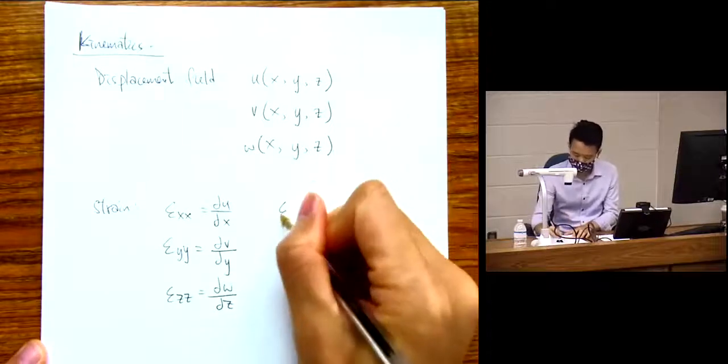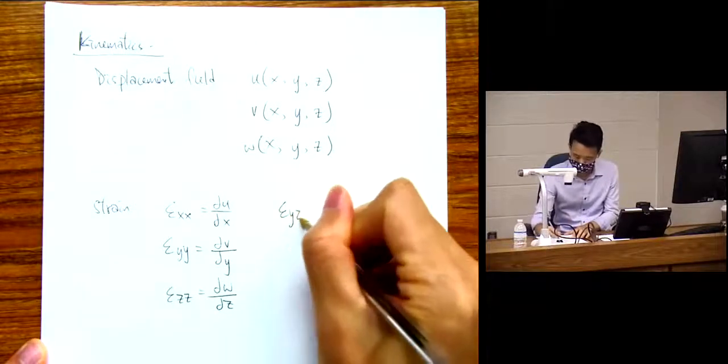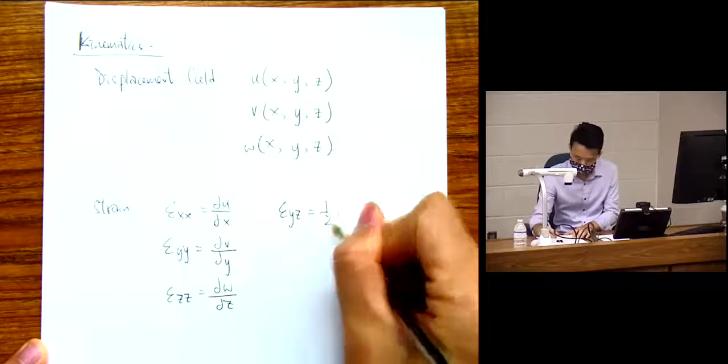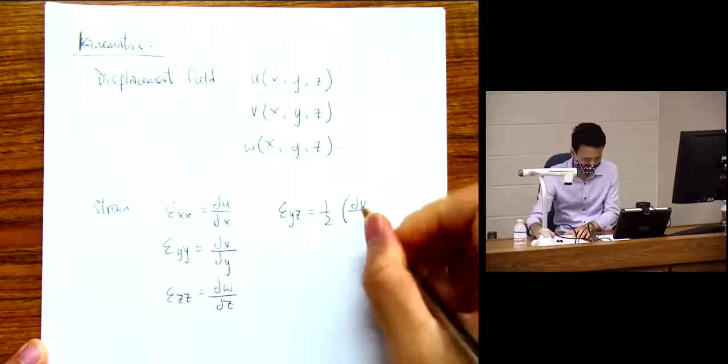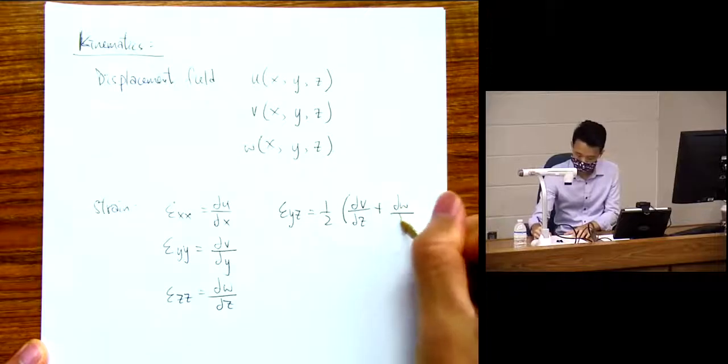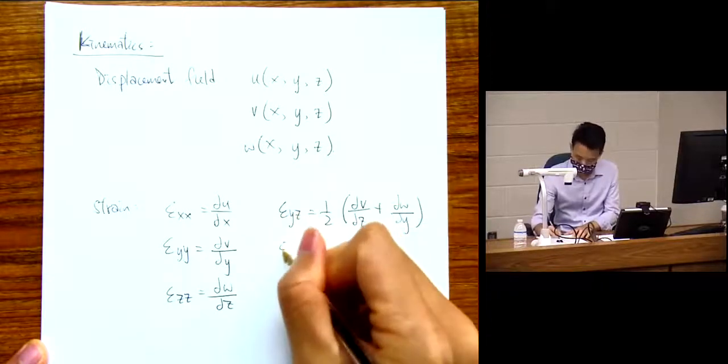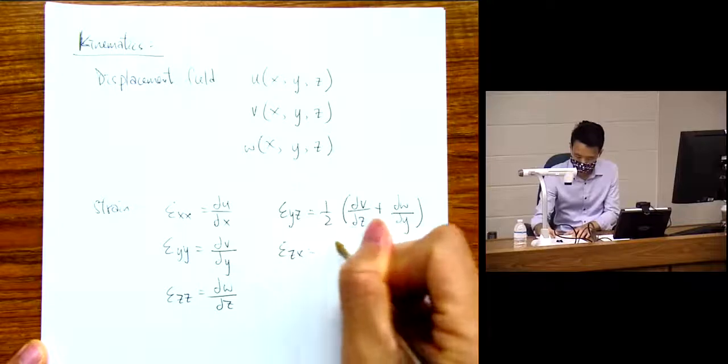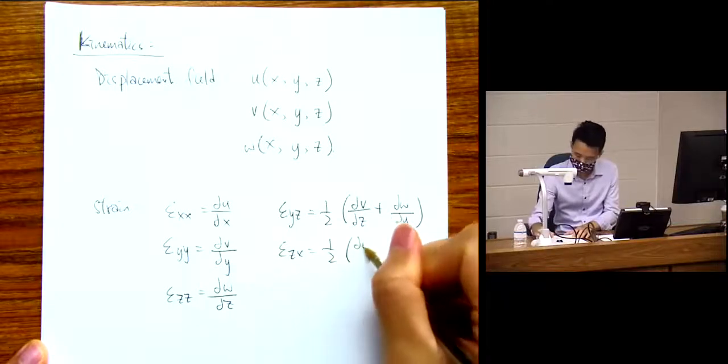And we have the shear strain that deals with angle changes. And they're related by the partial derivative to the displacements.